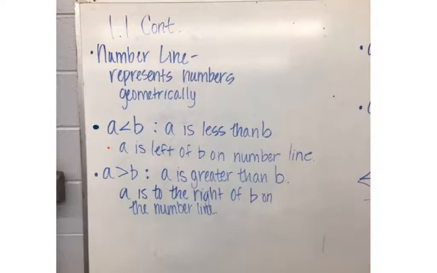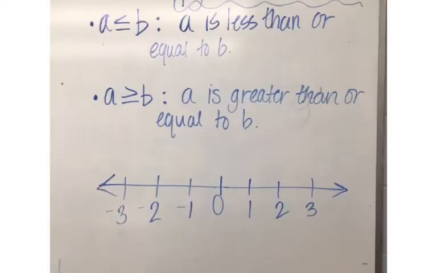Now the next one, A is greater than B, is how that one is read. So if our inequality sign is opening up towards the number or the letter, that means it's greater. So A is going to be to the right of B on a number line. Now, when we add this little line underneath, that is equal to.